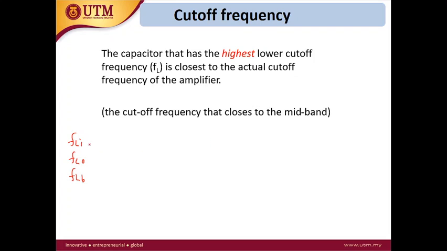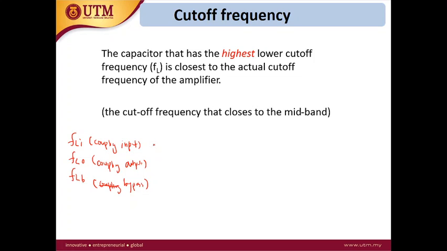Okay, so this is the input coupling, this is the output coupling, and this is the bypass. In the Bode plot or in the actual amplifier, we will only have one value of low cutoff frequency.